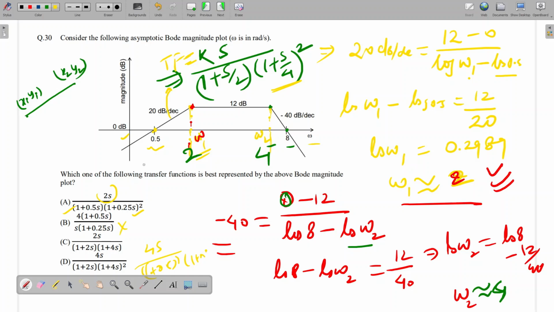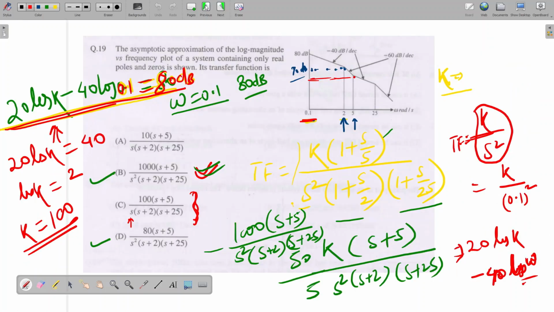How can we calculate it? We know the magnitude at 0.5. At 0.5, what is the magnitude? 0 dB. So omega is equal to 0.5, and the magnitude is known. Another method I also told: k is equal to omega to the power minus 1. Here I have written one direct formula.